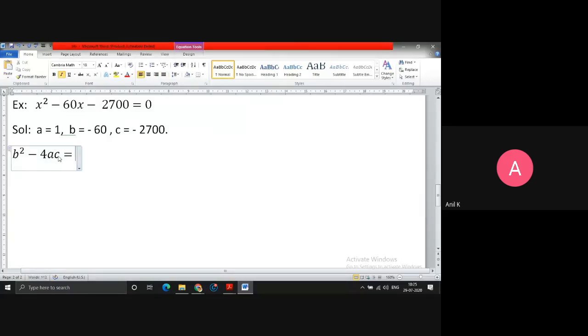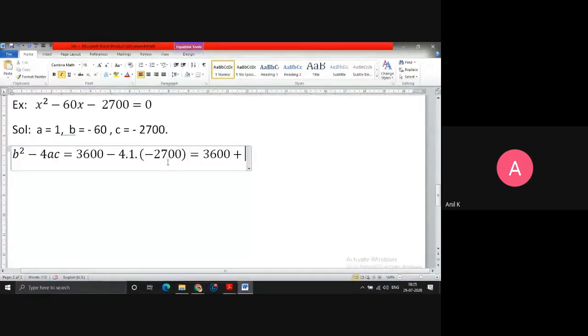Let me take b square, which means minus 60 whole square. 60 square is 3600, minus 4ac. Let me write one step: 4 into a, which is 1, into minus 2700. I'll get 3600. Now you see you have one minus sign here and another minus sign here, so minus into minus is going to be plus.